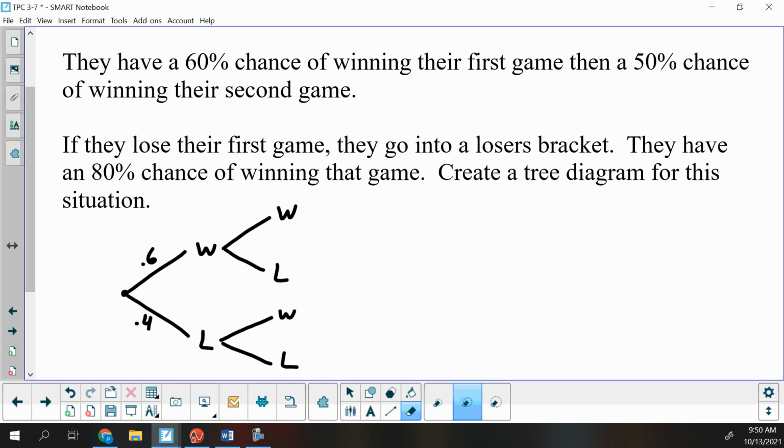So if they won the first game, then there's a 50% chance of winning the second game. So this would be 0.5. If it's 50% there, losing that second game would be 50% if we had had a win. But they said if we lose the first game, there's now an 80% chance of winning the second game, meaning this option would be 20% because they have to add to 100.